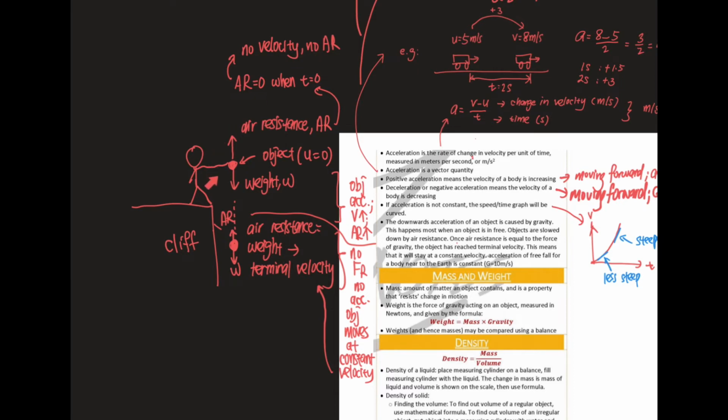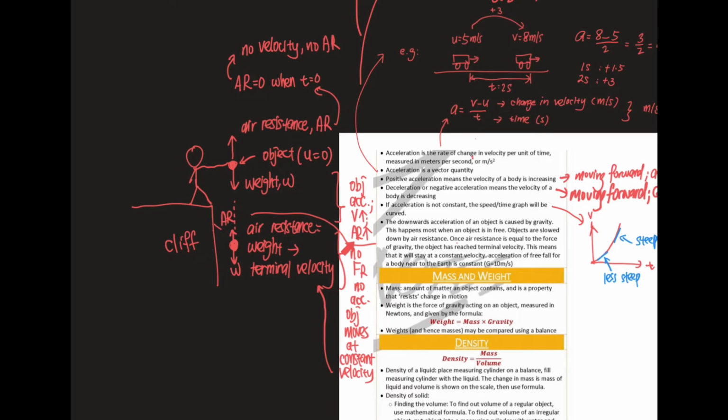Because of that, the weight makes the object accelerate, which means the object is moving faster and faster. So when the object is moving faster and faster, its velocity increases. Velocity causes the air resistance to increase.